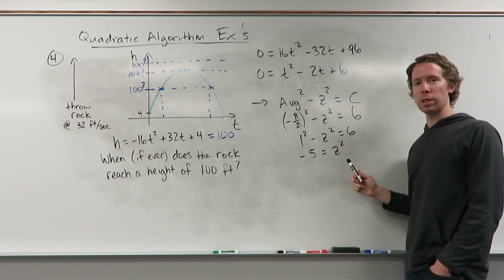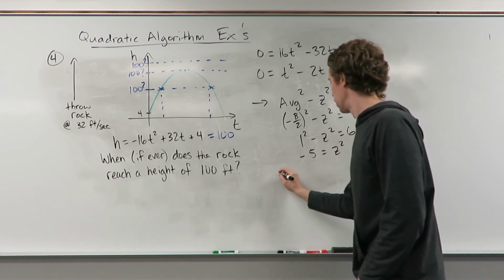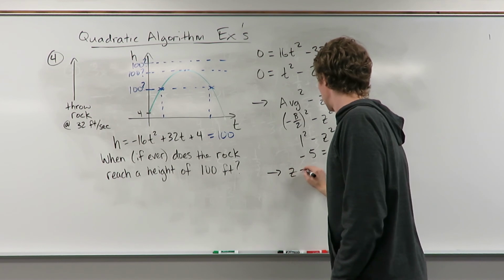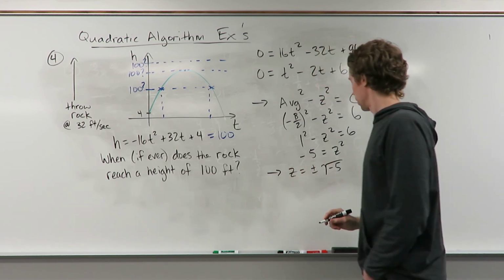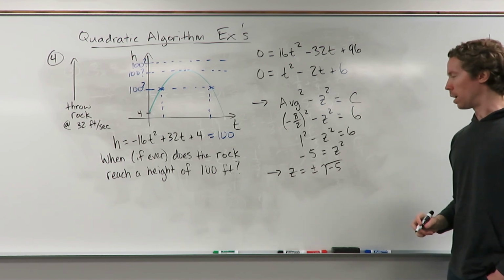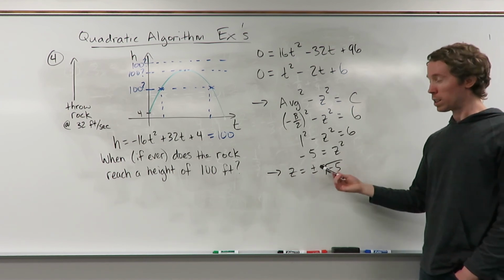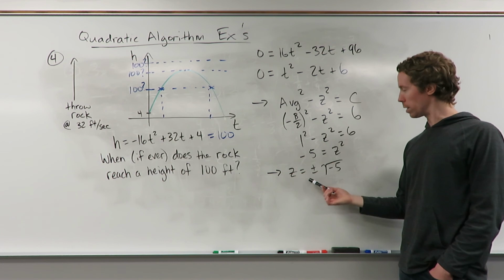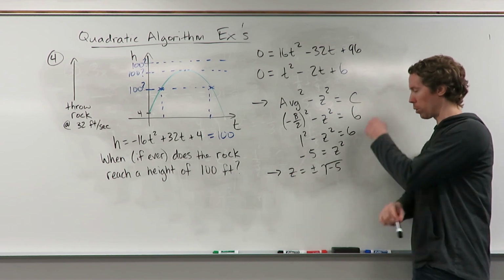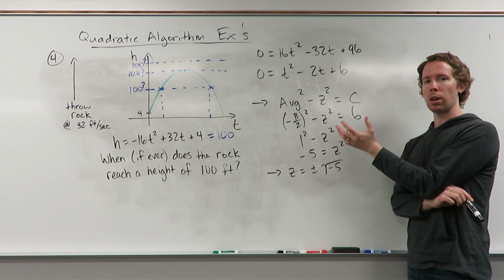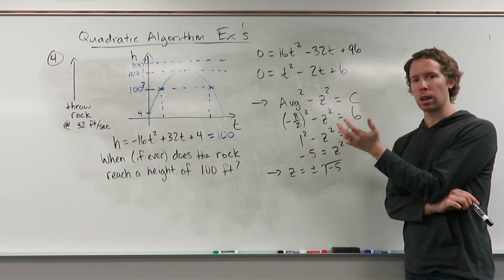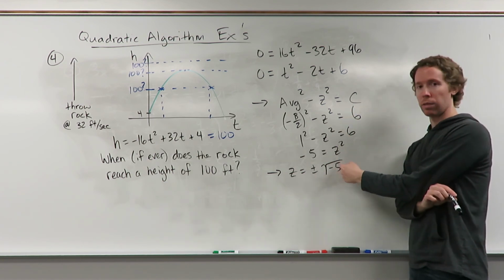So now I solve for z by taking the square root of both sides. And this is supposed to be my solution, but if you think about what a square root is, the square root of a number means I'm looking for a number so that when I multiply it by itself, I get back negative 5.